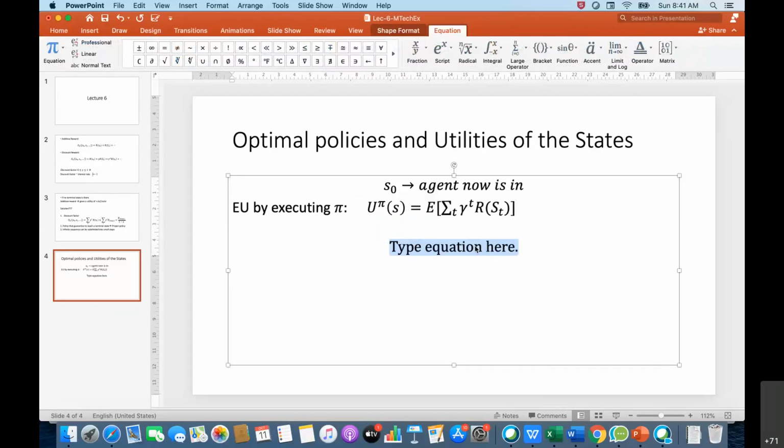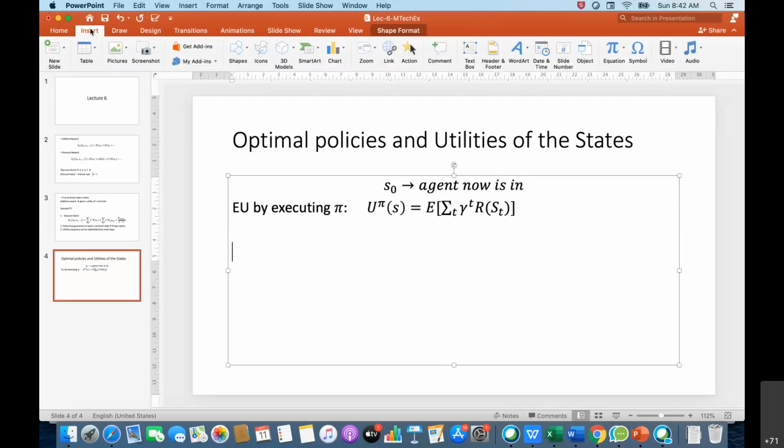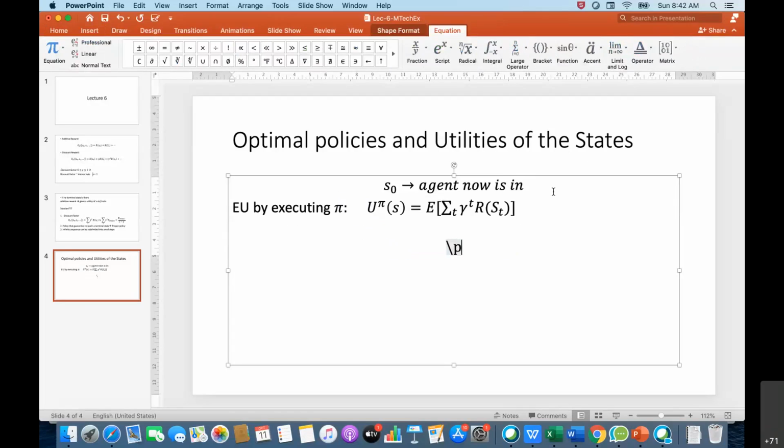The optimal policy is denoted by pi star s, which equals argmax over pi of U pi s.